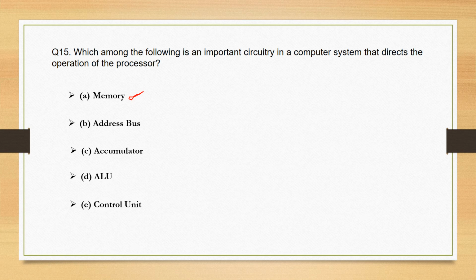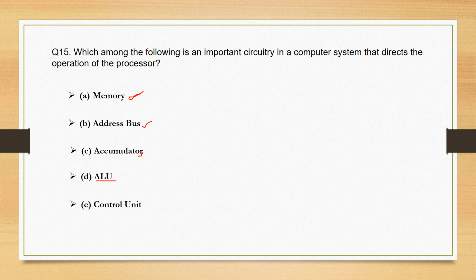Address bus is basically a circuitry or transport medium through which data is transferred. What is an accumulator? The immediate data which is going to be saved in the central processing unit is known as the accumulator.